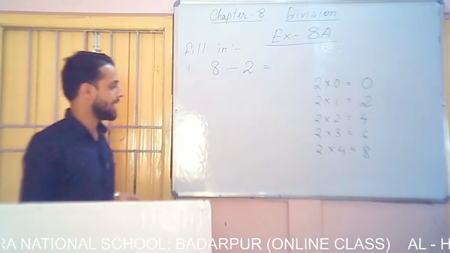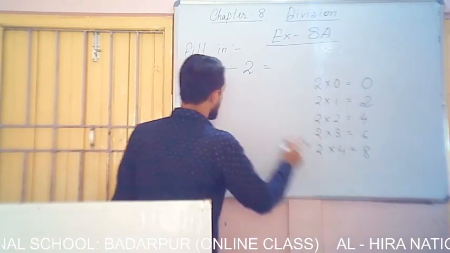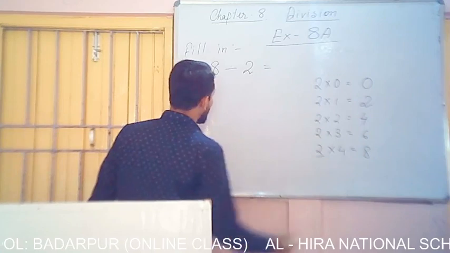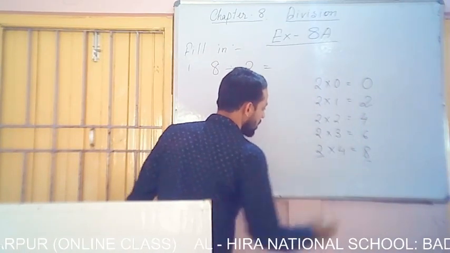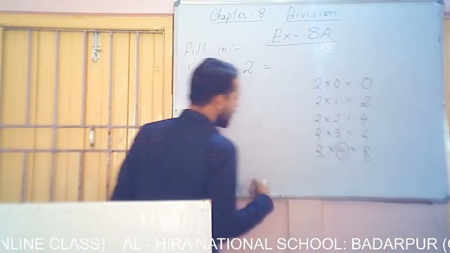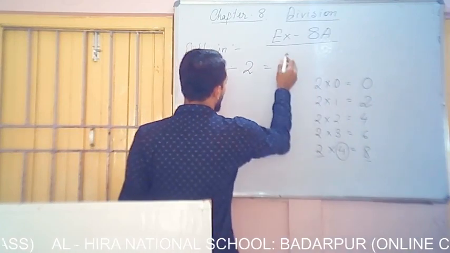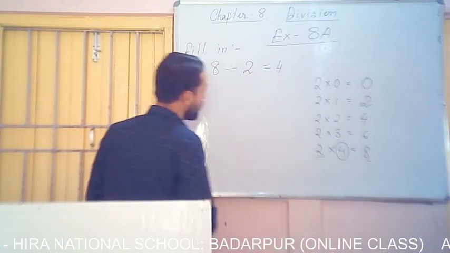So we have to multiply 2 by 4 to get 8. That is why we are going to write here 4.